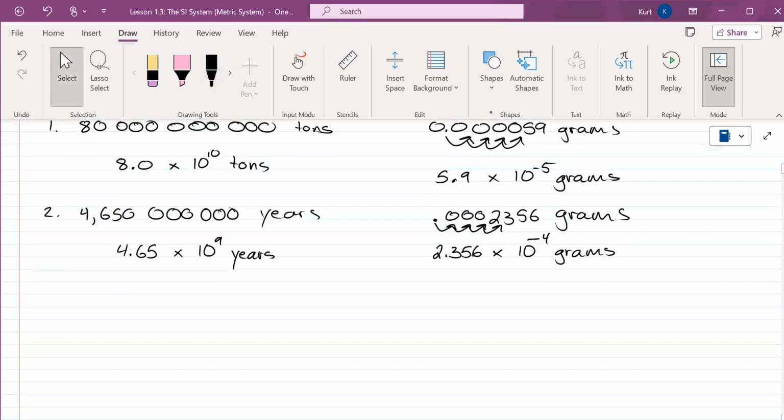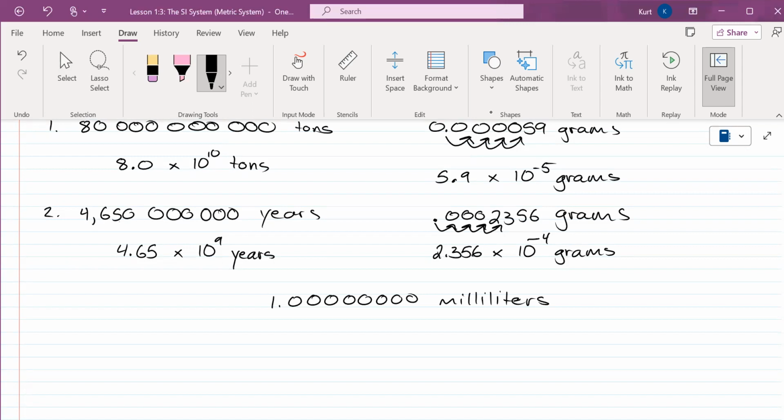Okay. And I do want to show you guys number 23 that was on your work because you might see this every now and then. And the worksheet actually says trick question. I wish it didn't. You got 1.000000000 milliliters. Do you need to move the decimal? You don't need to. So do you know what the exponent is when the decimal is where it already should be? 0.